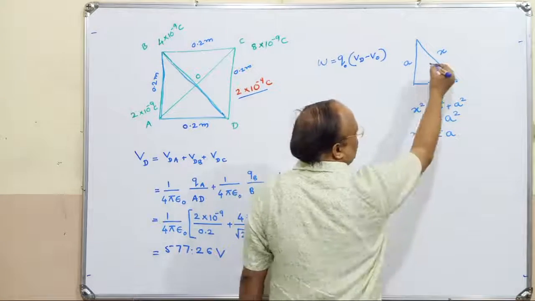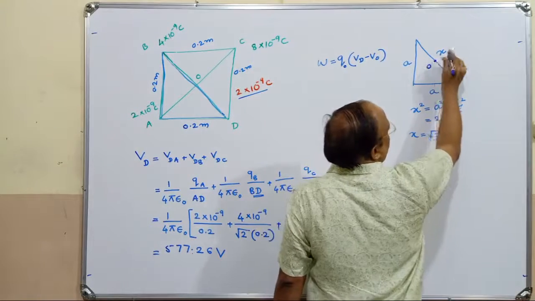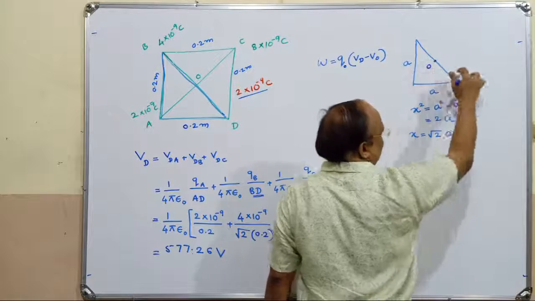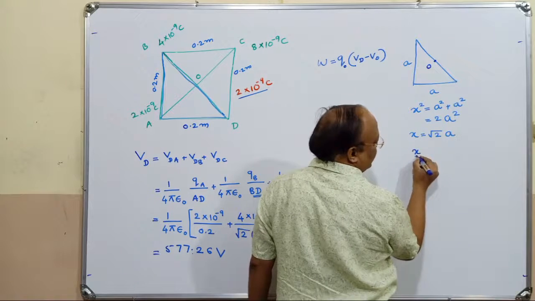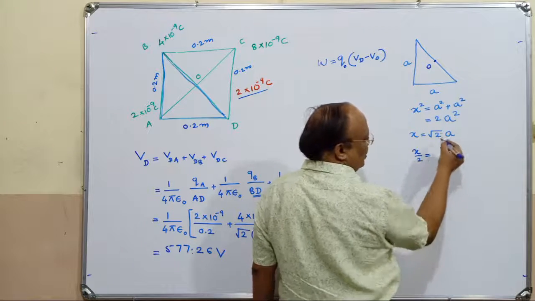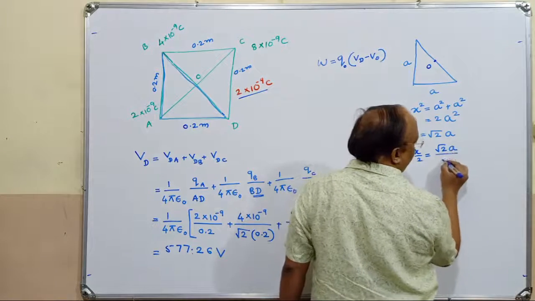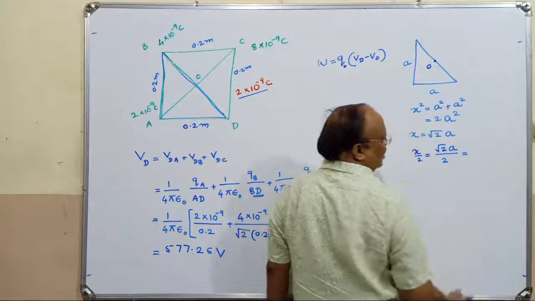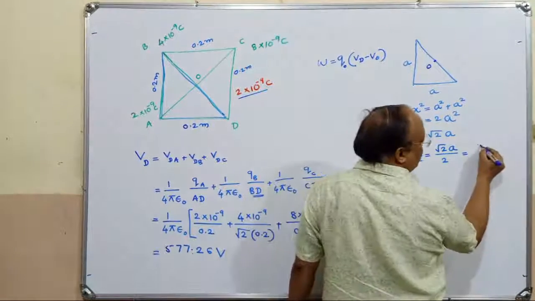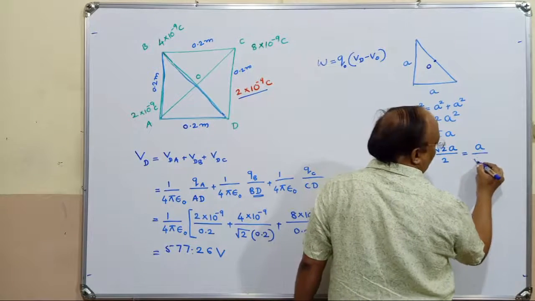In a sense, this length we got as root 2 times a. So x by 2, this O will lie somewhere here, half of this. In a sense, it is x by 2. X by 2 in the sense, it is root 2 times a by 2. In the sense, it is a by root 2.